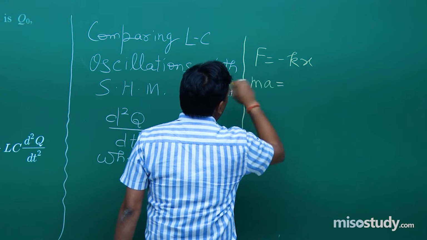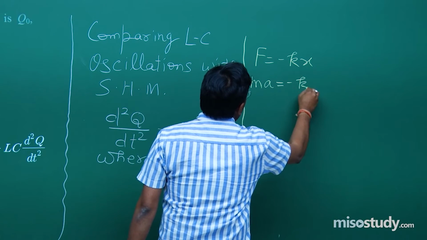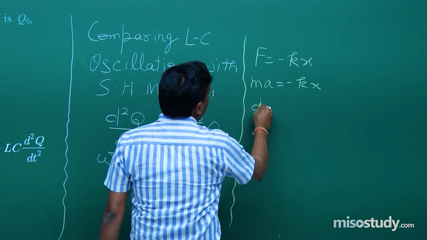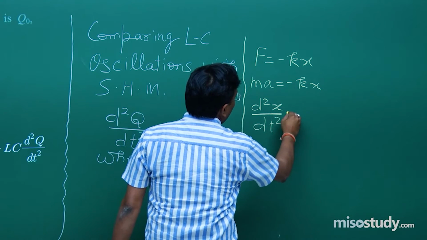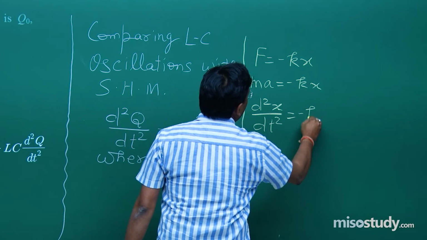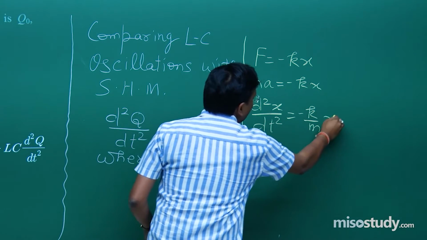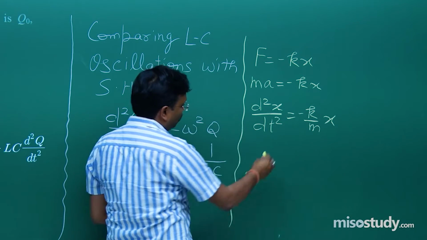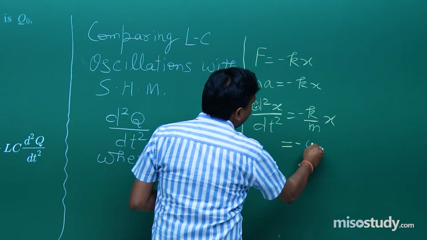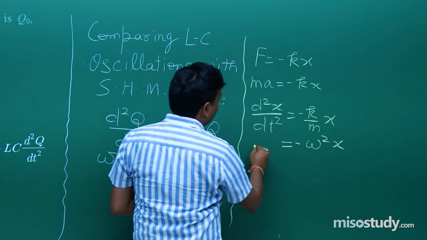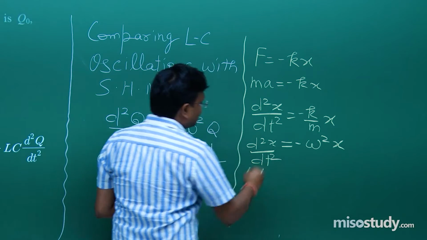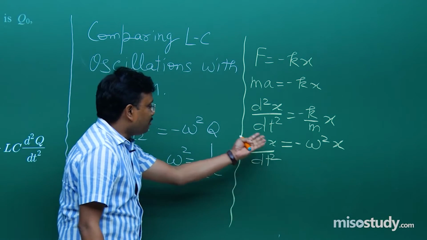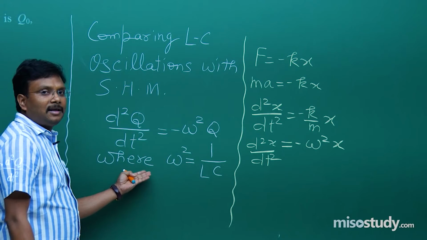MA is equal to minus kx, d2x upon dt square is equal to minus k by m into x. Oh, so now if I am writing, you will say yes, it is a standard equation. So the same thing I am doing over here, nothing else.